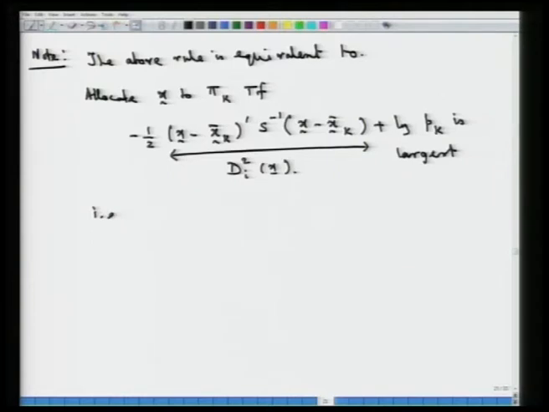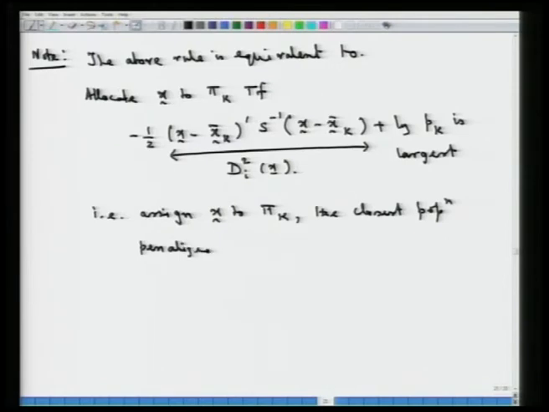That is, assign x to pi k, the closest population, of course penalized by the log of p_k term, right.